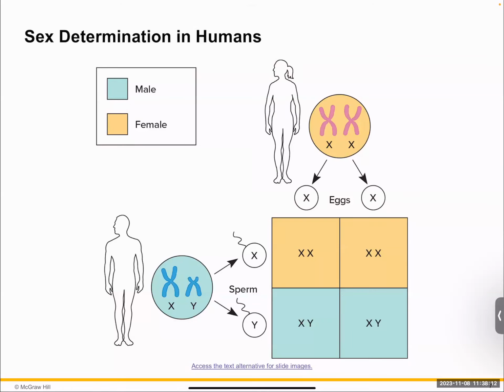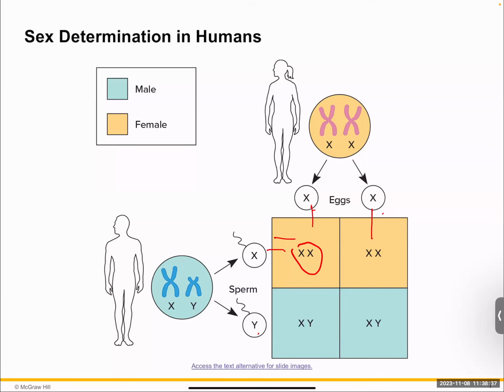Now, how is sex determined in humans? Again, it's a 50% chance. If you look at the image on the top, you have your female that's contributing the X's, and the male contributes either X or Y. If they're both receiving an X, you receive an XX, which makes that a female.